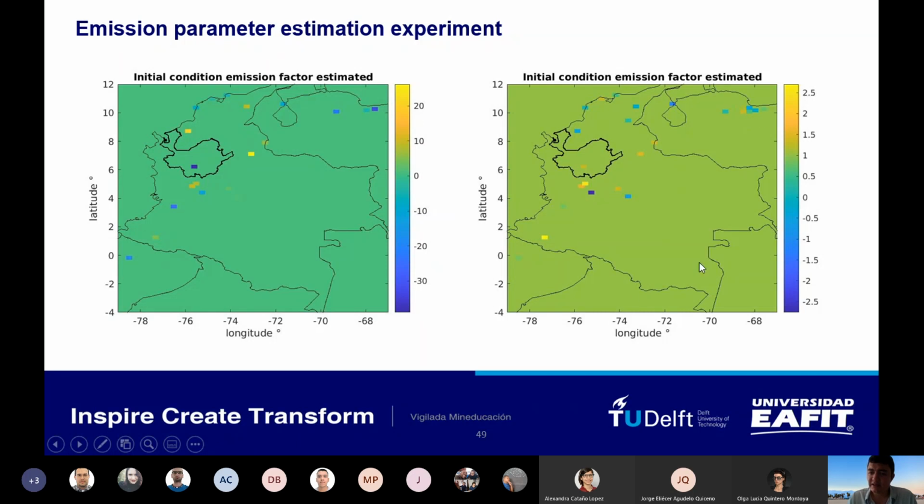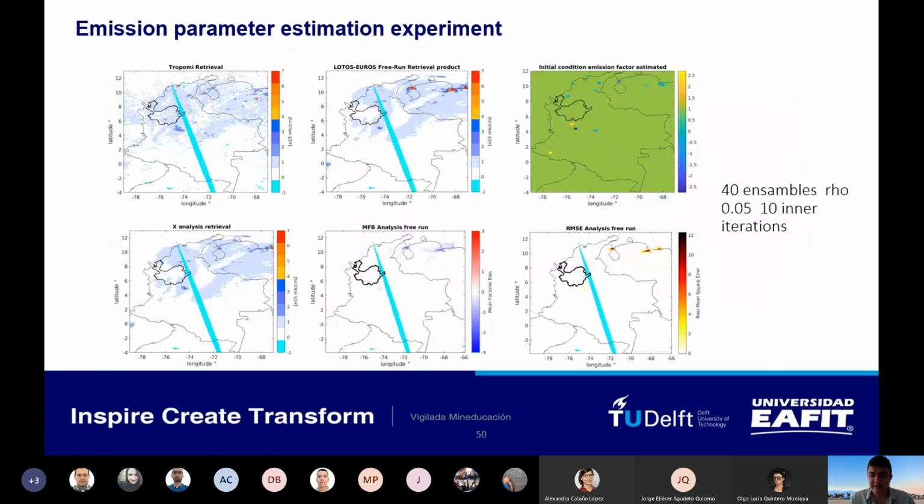Here we have the principal cities of Colombia in terms of densities, but also points that we need to update. Finally, this is one of the latest results, where you can see that with this big number of ensembles and iterations, the retrieval could be corrected at least to follow the magnitudes of the satellite in some areas.